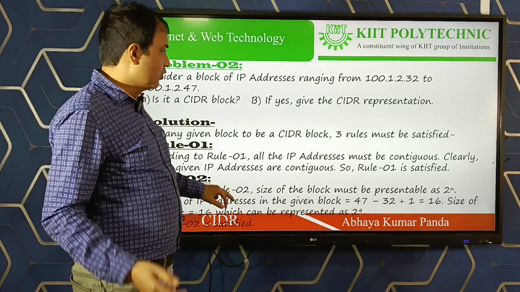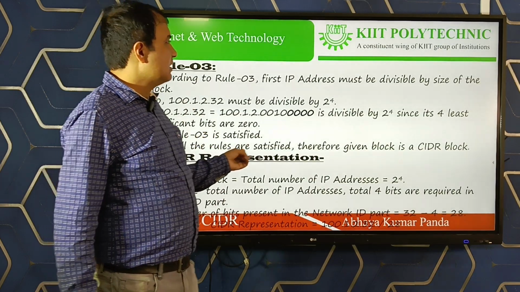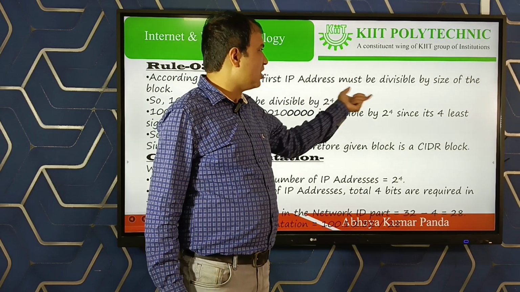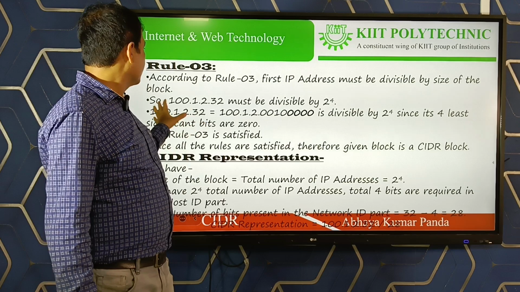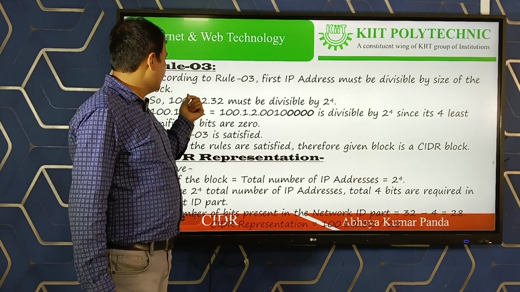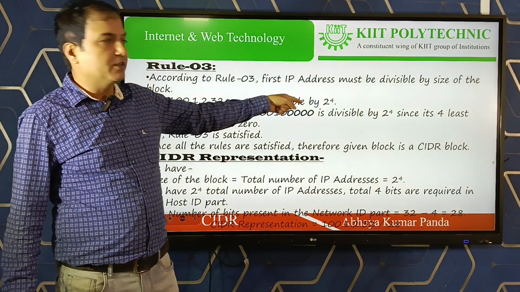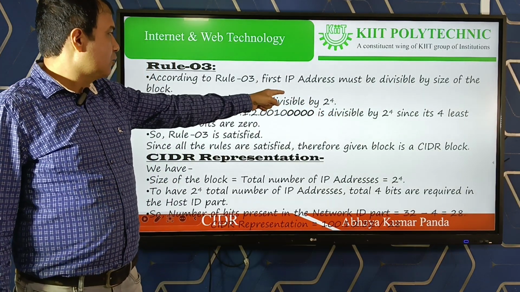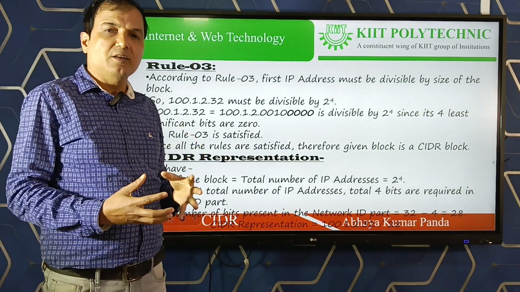Then we will check rule number 3. The first IP address must be divisible by the size of the block. That means the first IP address, 100.1.2.32, must be divisible by 2 to the power 4. How can we check whether it is divisible or not?